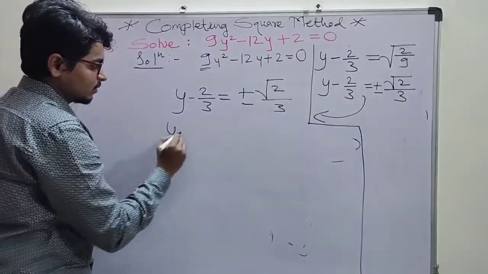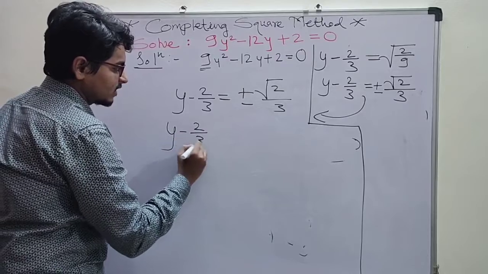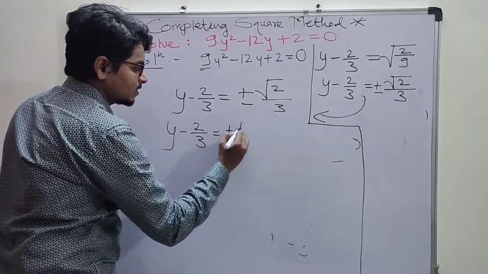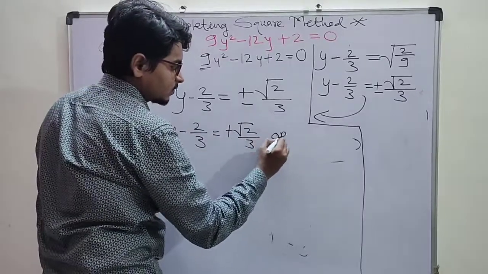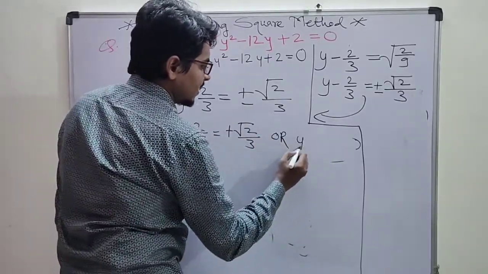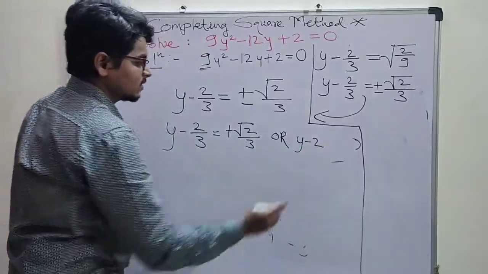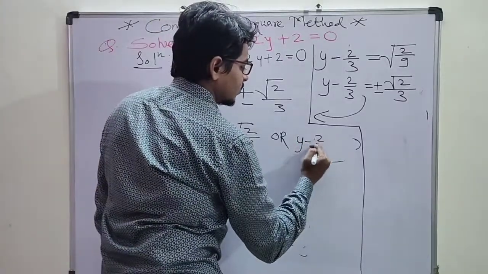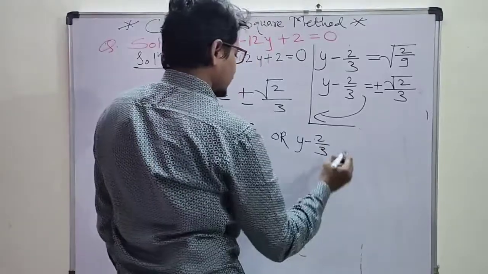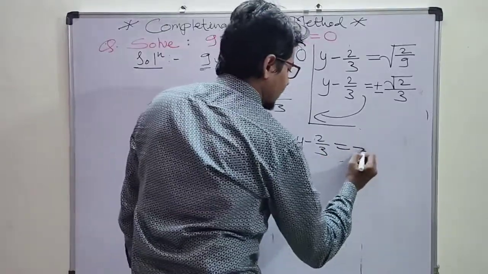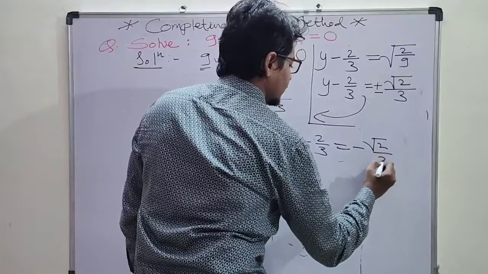So y minus 2 upon 3 is equal to plus root 2 upon 3 or y minus 2 upon 3 is equal to minus root 2 upon 3.